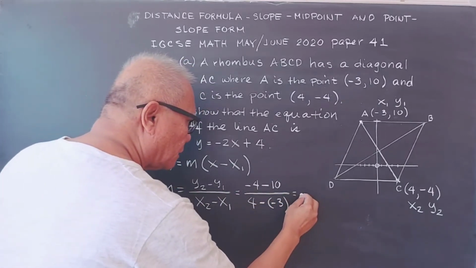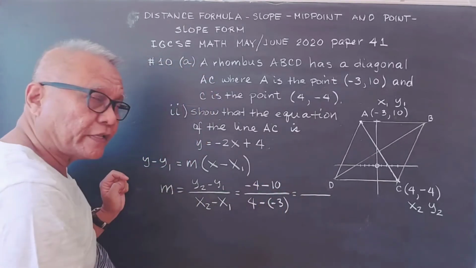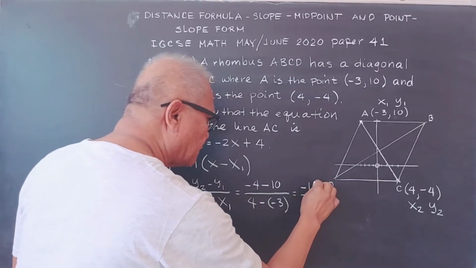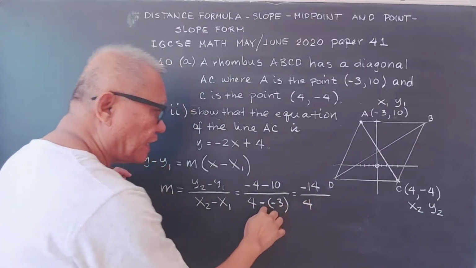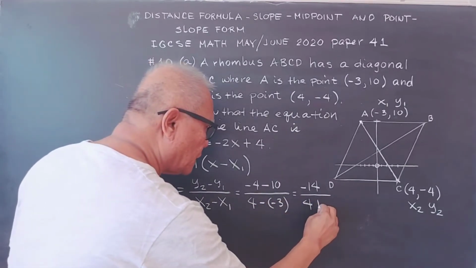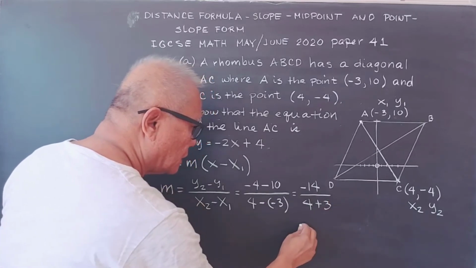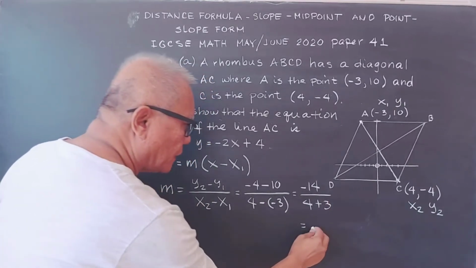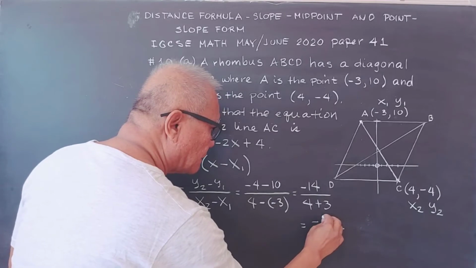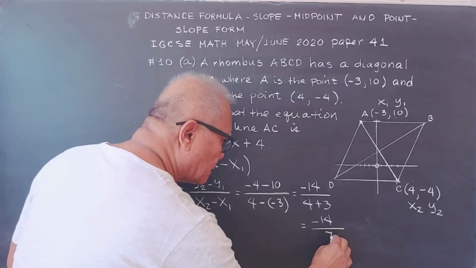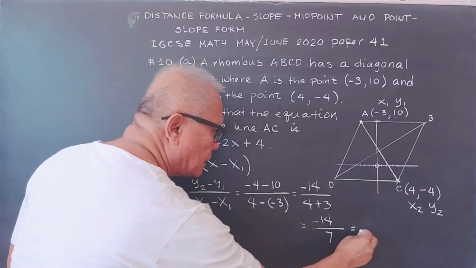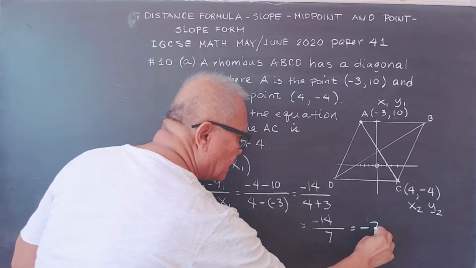So here, we have negative 4 minus 10 is negative 14. 4, negative times negative is positive 3. So here, we have negative 14 over 4 plus 3 is 7. And dividing that gives us negative 2.